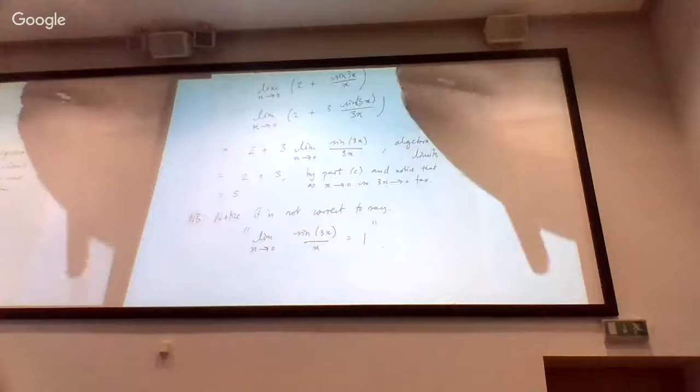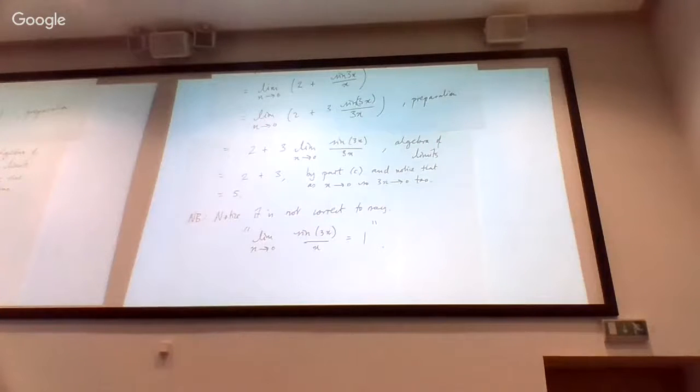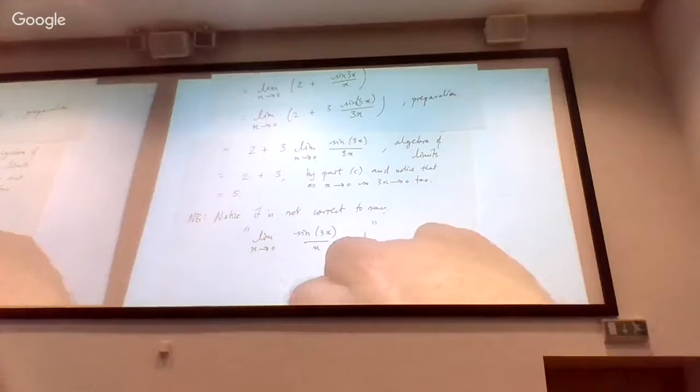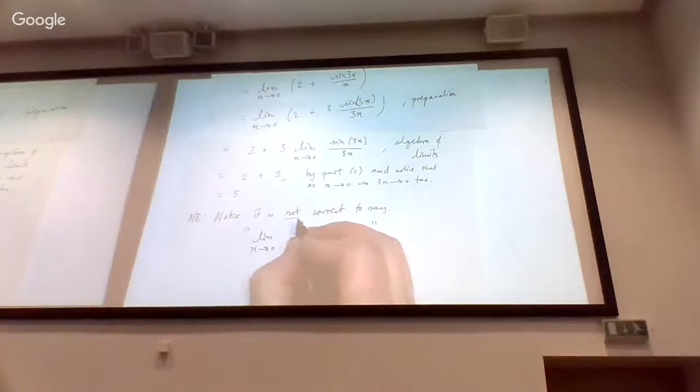That would have been a misapplication of part C, because it's not sine of something divided by that same something. Okay, so that completes question 7.